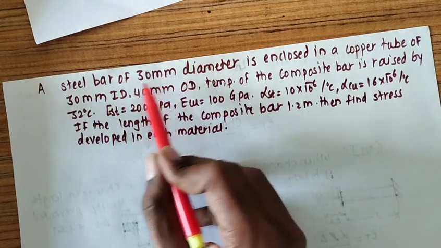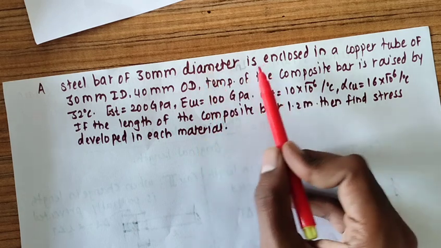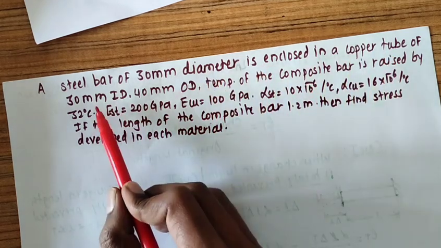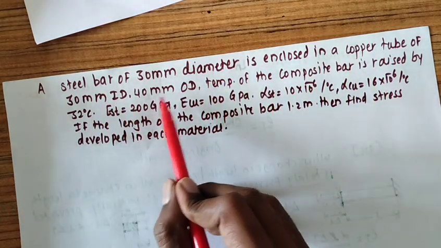A steel bar of 30 mm diameter is enclosed in a copper tube of 30 mm ID and 40 mm OD.